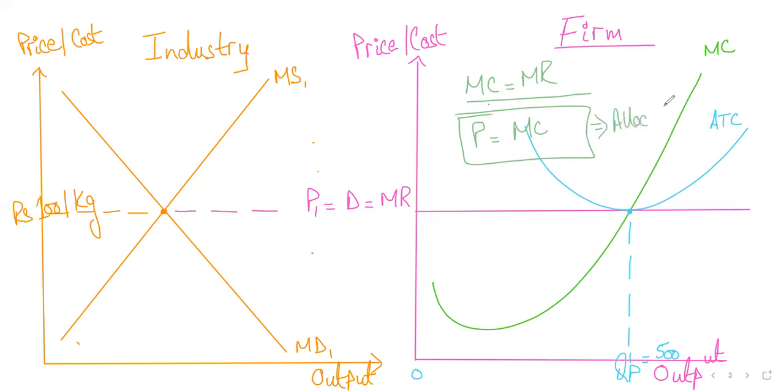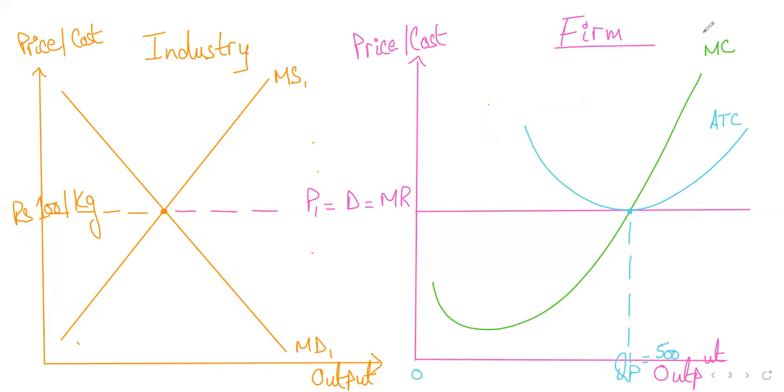But in this case, have a look at this. In the case of perfect competition, this is your marginal cost, and this is your price. So even your allocatively efficient output level is also the same as your profit maximization quantity. Any confusion about this? This is making sense, right?